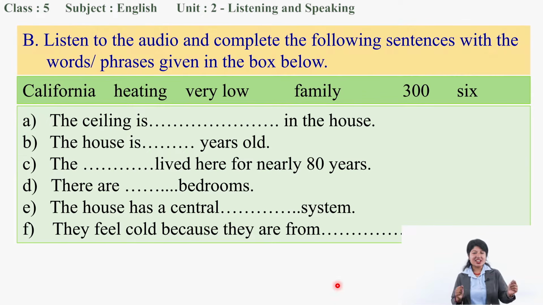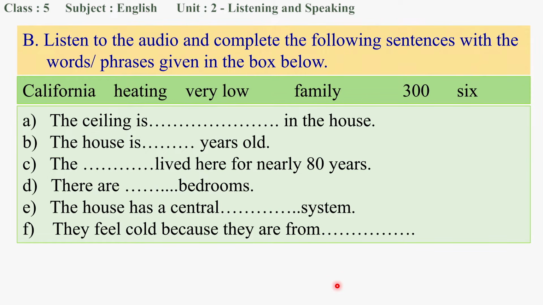Oh, yes. Okay, let's get started. Let's go upstairs. Follow me. Oh, be careful. The ceiling is very low here. It's a very old house. Yes, the house is 300 years old.